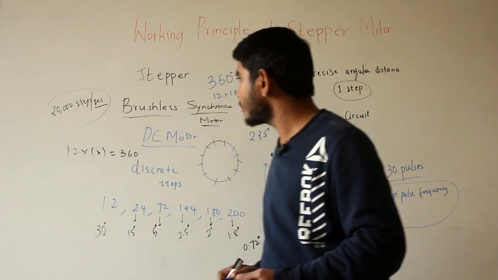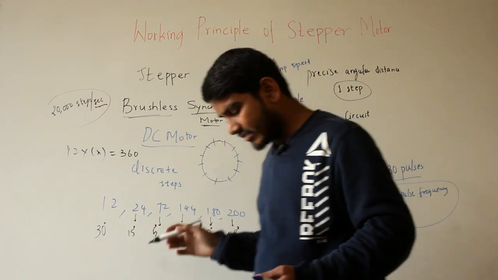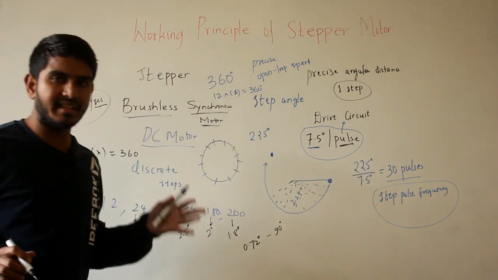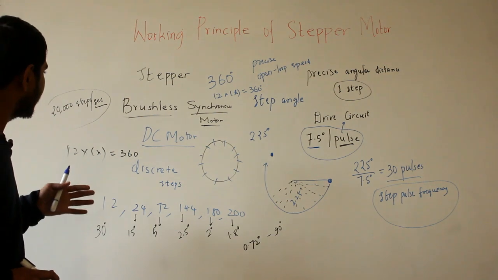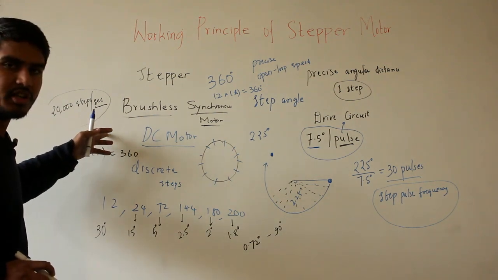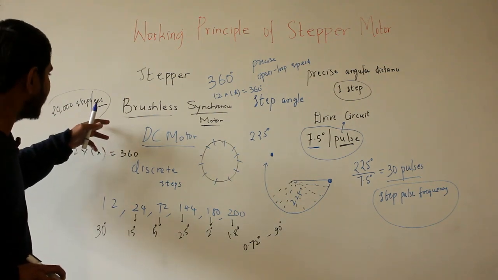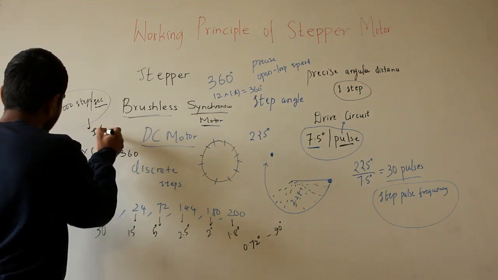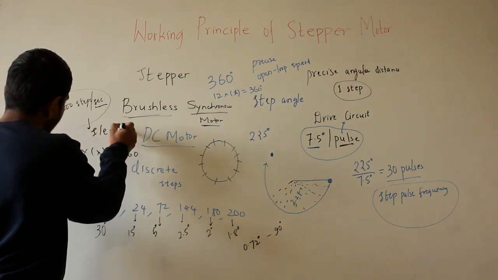At 20,000 steps per second, with this high pulse rate, the shaft will appear to move in a continuous manner, and this high speed operation of the motor can be termed as slewing. So this is an important term.